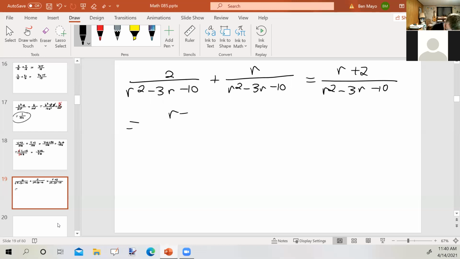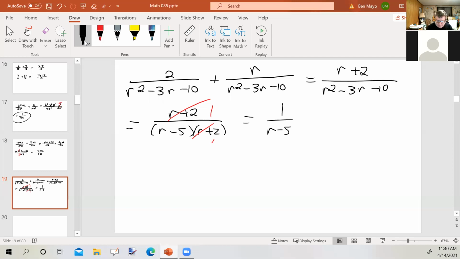And that's going to equal r plus 2 over r minus 5 times r plus 2, which reduces down to 1 over r minus 5. A common mistake people make is they'll take this and instead of reducing it, they'll cancel it and then they'll just say the answer is r minus 5, but it's 1 over r minus 5. So watch out for that.